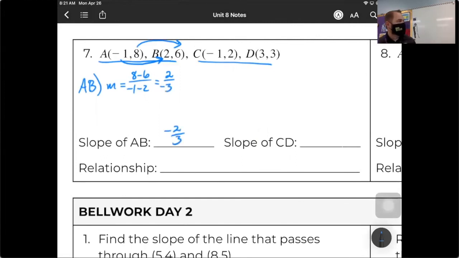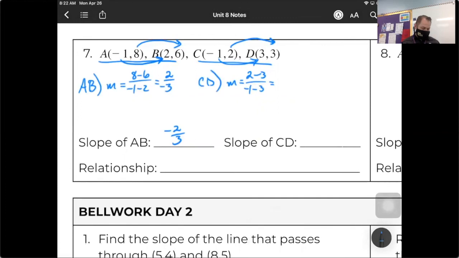Going kind of fast, but you can pause if you need to or copy down. Okay, so that slope's negative 2/3. Want to do the other one though. For my y values, 2 minus 3, and then negative 1 minus 3.